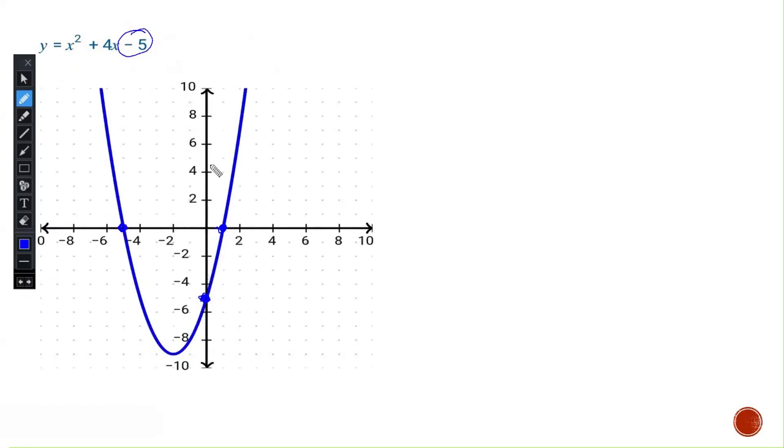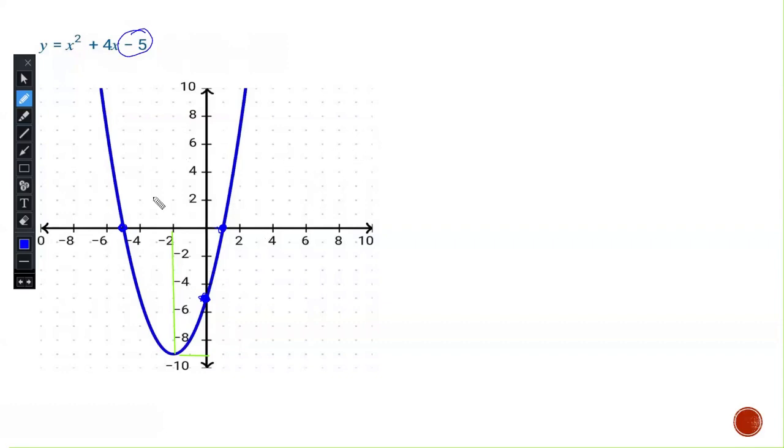Then the shape: because a is positive, we can see it's concave up. And the turning point we can pinpoint at (-2; -9), as we have calculated. So this is the shape that we have, and that's how you sketch.